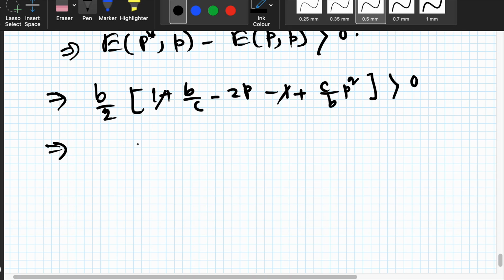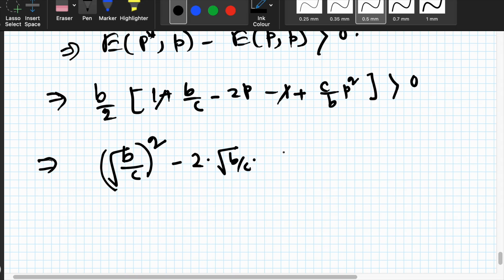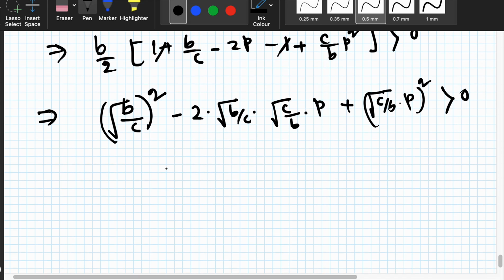So 1 cancels, so if I take p by c common, or maybe not take common, so you will get here that we have to prove that root p by c square minus 2 into root p by c into root c by p into p, so this is cancelled, plus root c by b into p square has to be greater than 0, and naturally it is greater than 0.